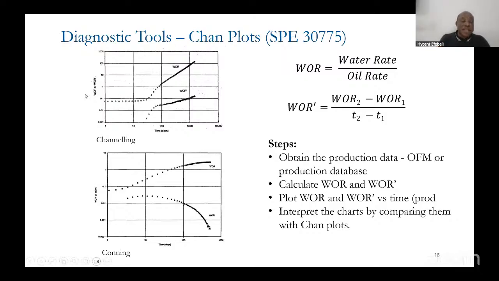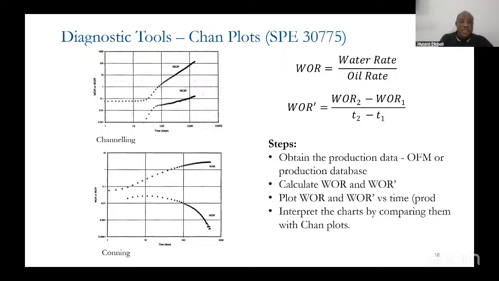So if you look at the first chart, you see your water oil ratio staying constant for some time, then all of a sudden it starts rising. Then the derivative is what we actually use in determining whether it's coning, whether it's channeling. Then there's when you see the paper, right? So the first chart is showing channeling.